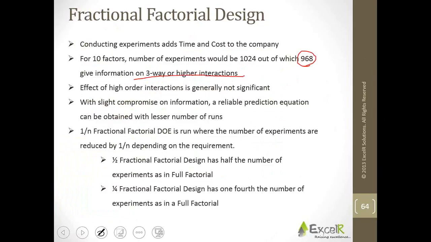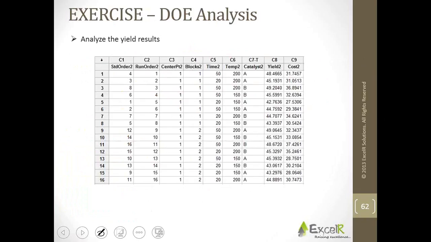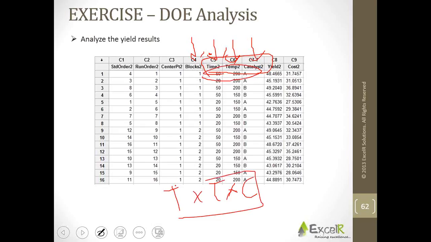That means if I have 3 inputs here, right? I have time, temperature and catalyst. Three-way interaction means I'll see all 3 in tandem. I'll see time, temperature and catalyst. I'll see all 3.